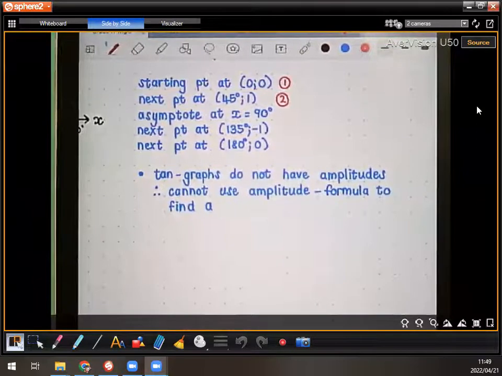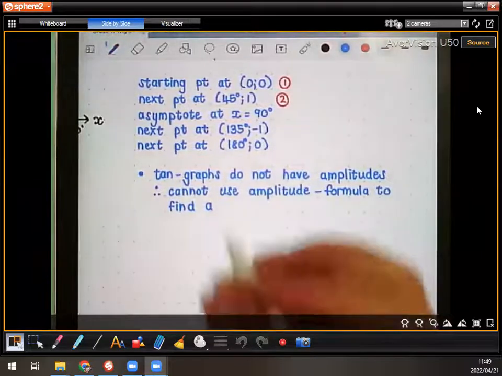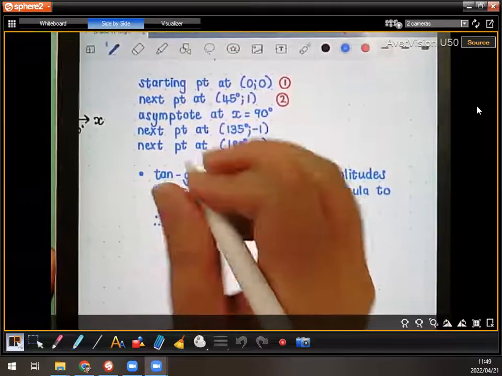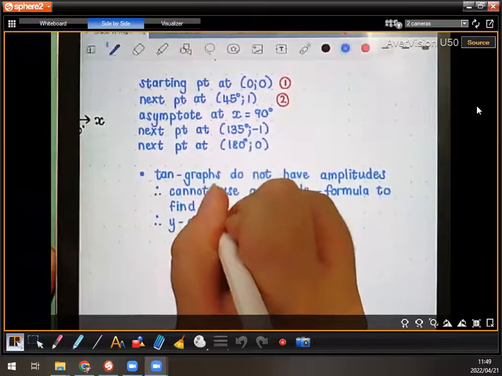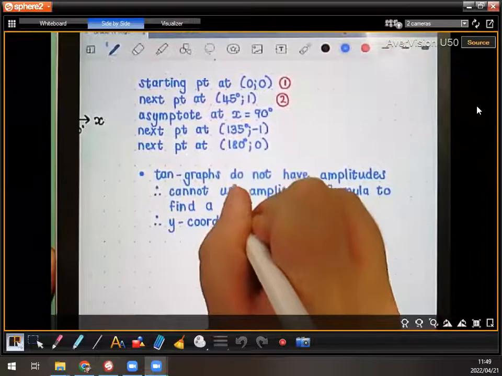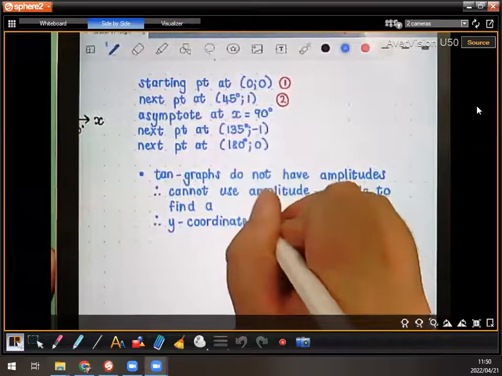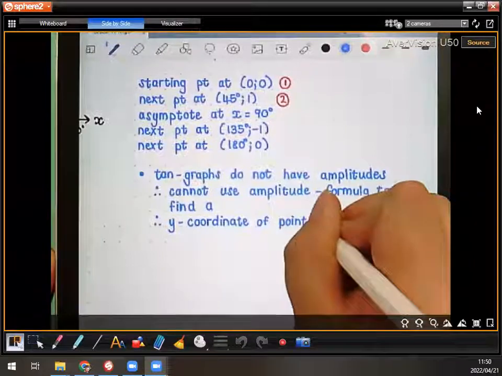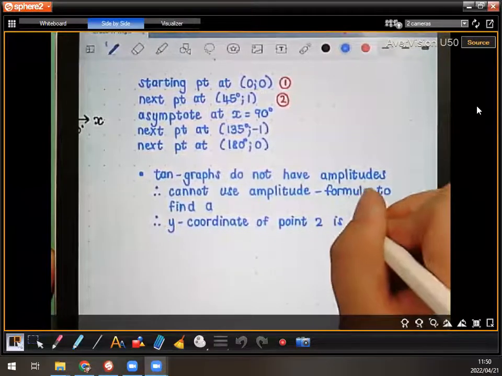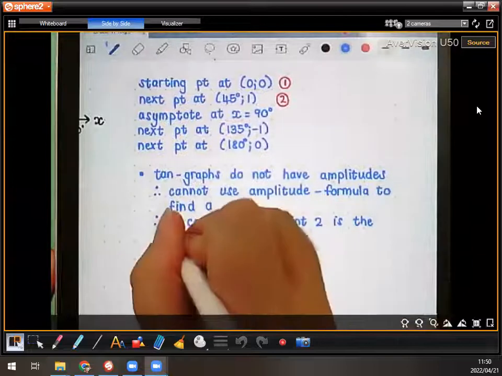The y coordinate of point 2 is your A value of a tan graph, unless it's shifted up or down. We'll look at examples now. So therefore, y coordinate of point 2 is the A value.